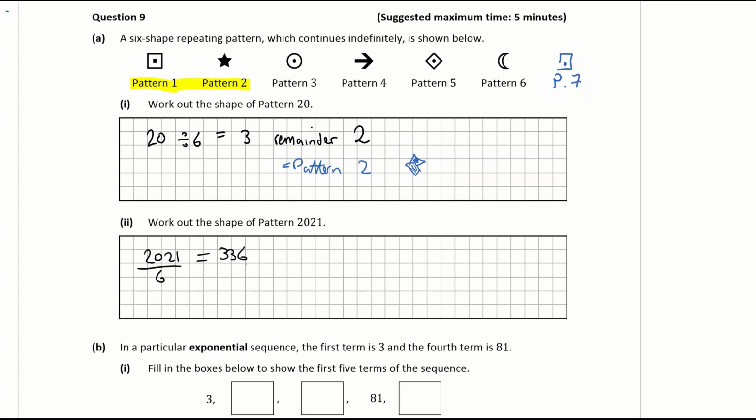So if I'm at 2016, that means I now have a remainder of 5 because I have to get from 16 to 21. So remainder 5 here. I then count my 5 places. So pattern 1, 2, 3, 4, 5. So that means that my 2021st pattern is going to be the same as pattern number 5, which is the diagonal with the little square in the middle.